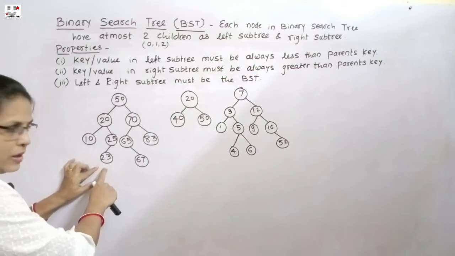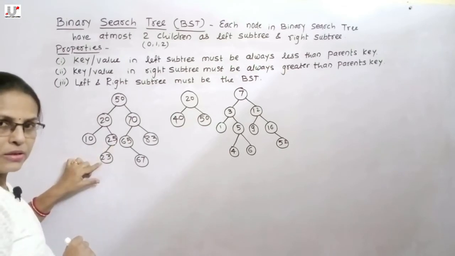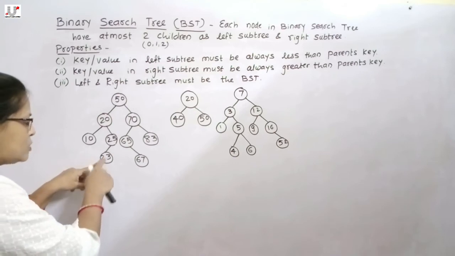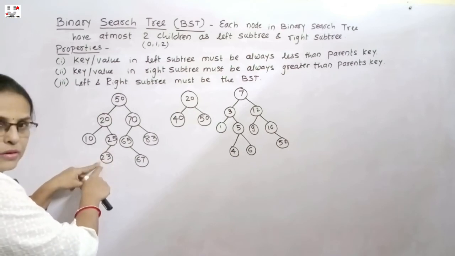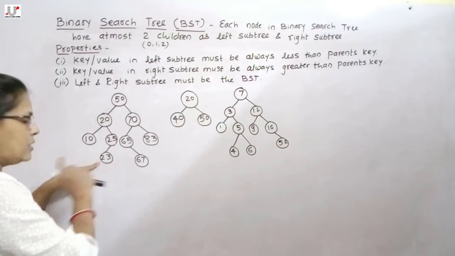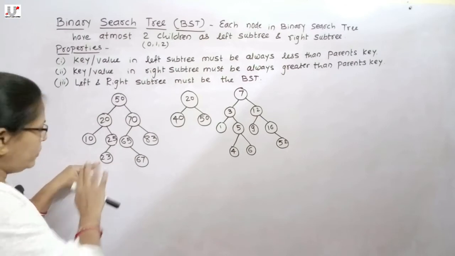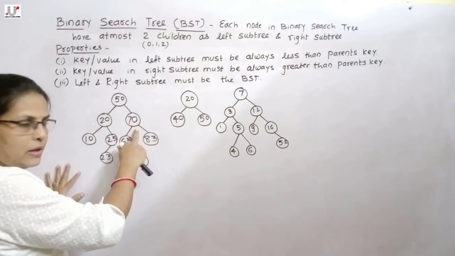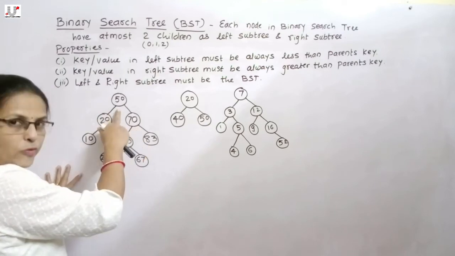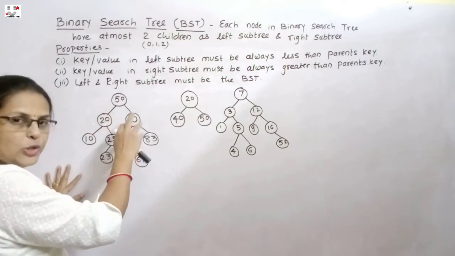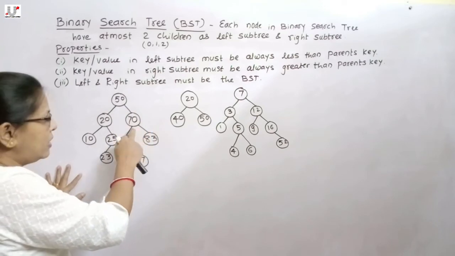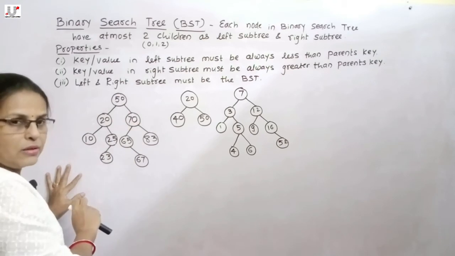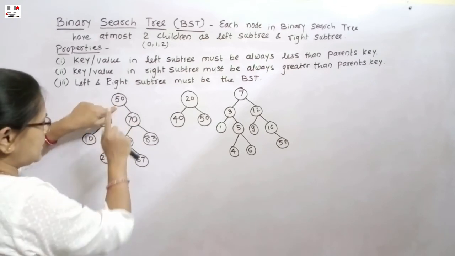For 23, 25 is the parent having only one left subtree, and as 23 is smaller than 25, it is inserted to the left of that parent key. Then for 70, its parent is 50, and as 70 lies to the right side of 50, it is greater than the parent's key value.